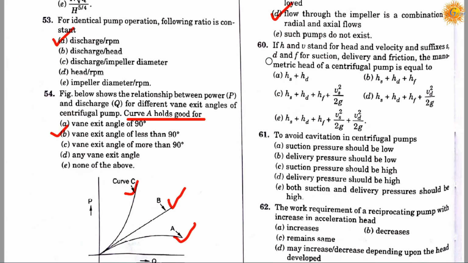Okay. Question number 60. If small h and v stand for head and velocity, and suffix small s, d and f stand for suction, delivery and friction respectively, the manometric head of a centrifugal pump is equal to option A, hs plus hd, option B, hs plus hd plus hf, option C, hs plus hd plus hf plus vs square divided by 2g, option D, hs plus hd plus hf plus vd square divided by 2g, and option E is hs plus hd plus hf plus vs square divided by 2g plus vd square divided by 2g.